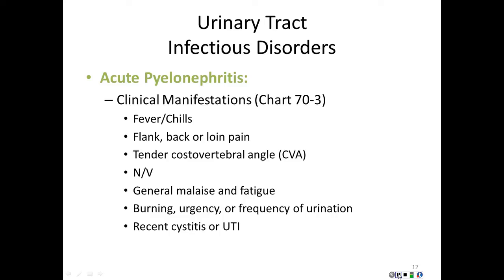As you talk about patients who have had a kidney transplant, we have to be very diligent with these patients to prevent pyelonephritis. With a kidney transplant, the kidney is placed in the pelvic area, so the distance from the kidney to the bladder is very short. So we'll jump on top of any kind of cystitis with these patients because they're at a much greater risk of developing pyelonephritis.